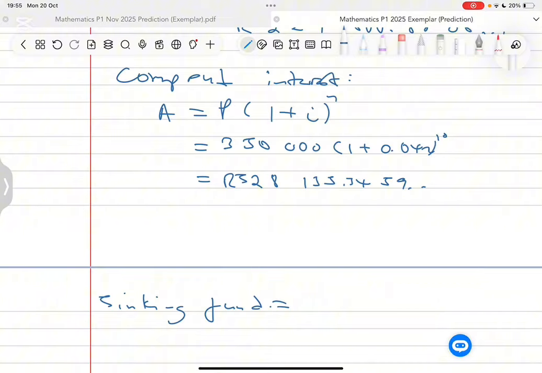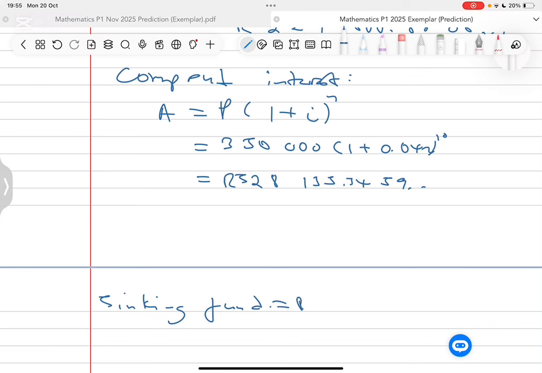And how you then calculate that, you compare how the machine is reducing its value, using the current value of 350 in this case, to how much it will cost in the future time of 5 years in our example. Now the difference between the two gives you the sinking fund.